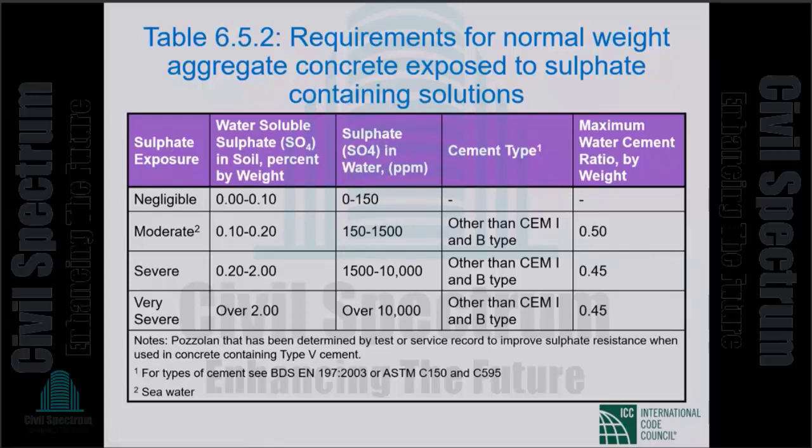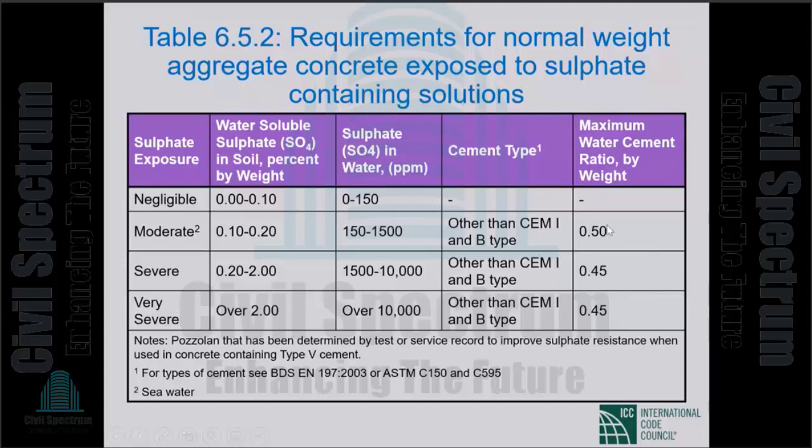There are AASHTO tests that you use. Anyway, this level of detail will not register. The important thing is that you have this table that tells you to go for tighter and tighter restriction on water cement ratio as you have more and more exposure to sulfate attack.